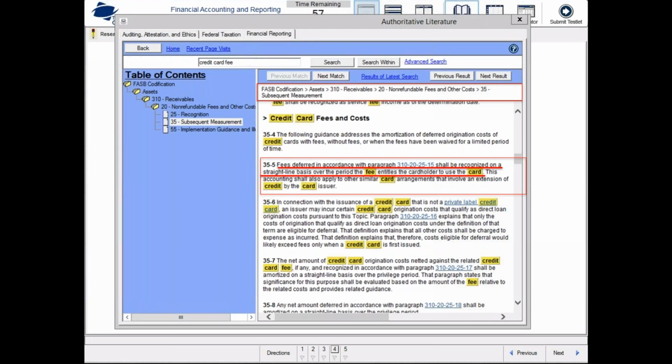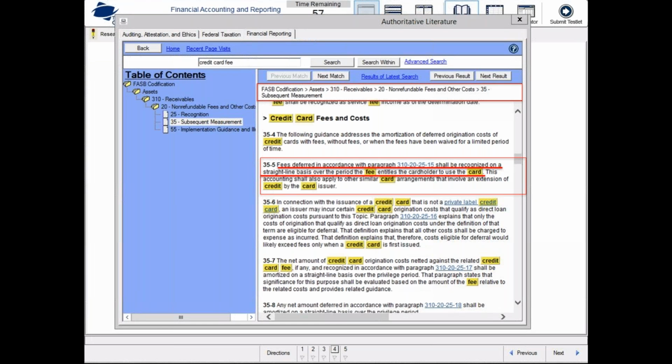So that's where our answer is. It tells us when to actually account for that revenue, which is on a straight line basis over the period that the fee entitles the cardholder to use. And we also know from what we previously read under recognition that is actually also cited here, we know that it's a deferred expense or a deferred revenue, depending on what side you're on.